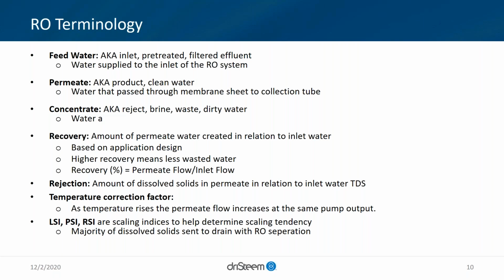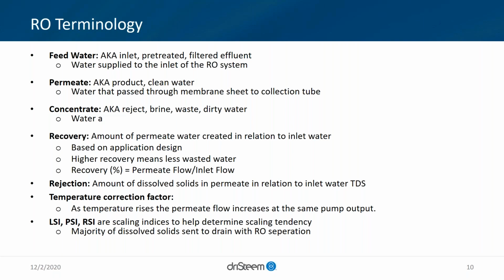Recovery. If you look at, let's say you have one in your house under your sink, you have a little RO system for your house, those tend to work off of city water pressure. Their recovery is typically in the 25% range of recovery, whereas these commercial units can get up to 75% recovery and sometimes even higher depending on the water quality.